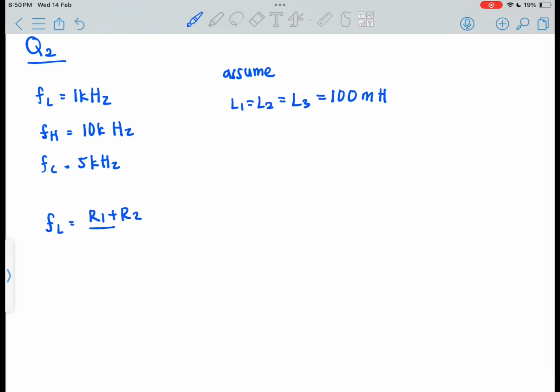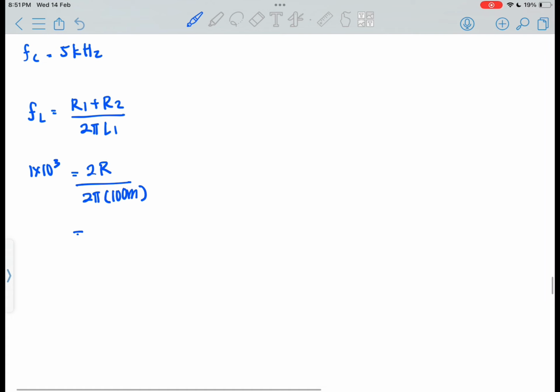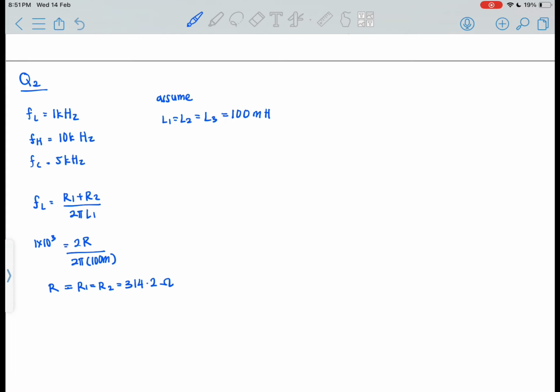So first, FL is equal to R1 plus R2 divided by 2 pi L1 from the circuit before. And then 1 times 10 to the power of 3 is equal to 2R over 2 pi times 100 milli, and I just assume that R is the same, so R is equal to R1 is equal to R2 is equal to 314.2 ohms.